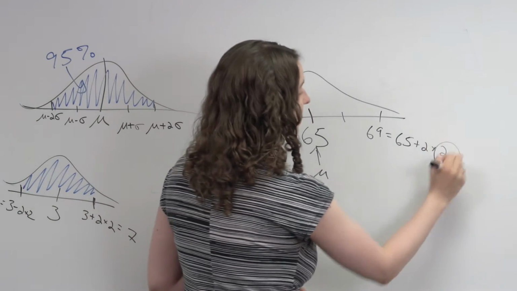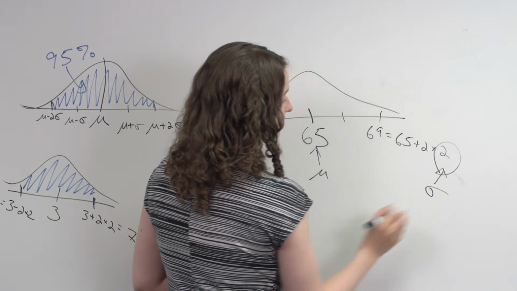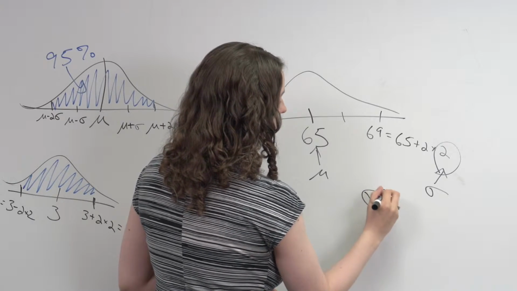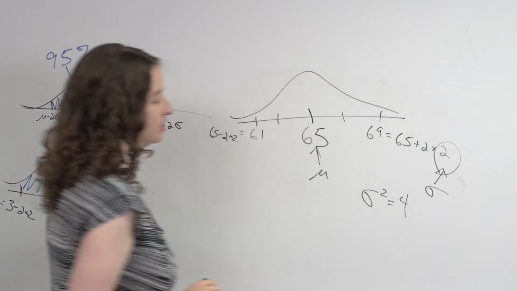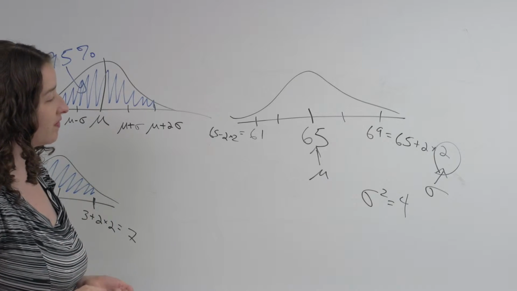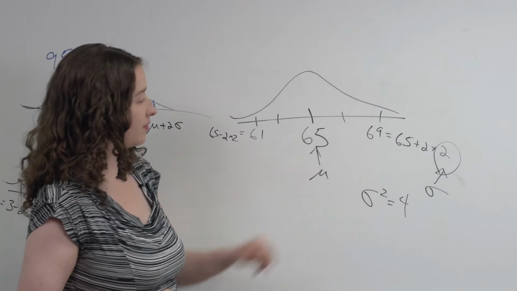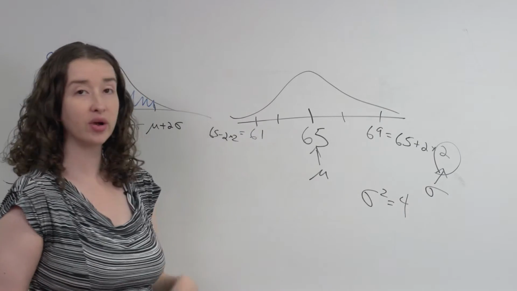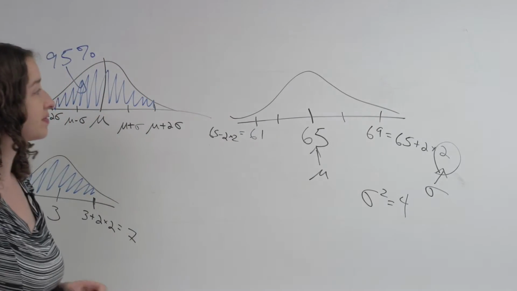In other words, I've guessed that 2 is the standard deviation, and therefore that 4 is the variance. Right? So what I have implicitly said here is that the heights of women follow a normal distribution with mean 65 and variance 4. Again, that's a guess, but I don't think it's terribly off.